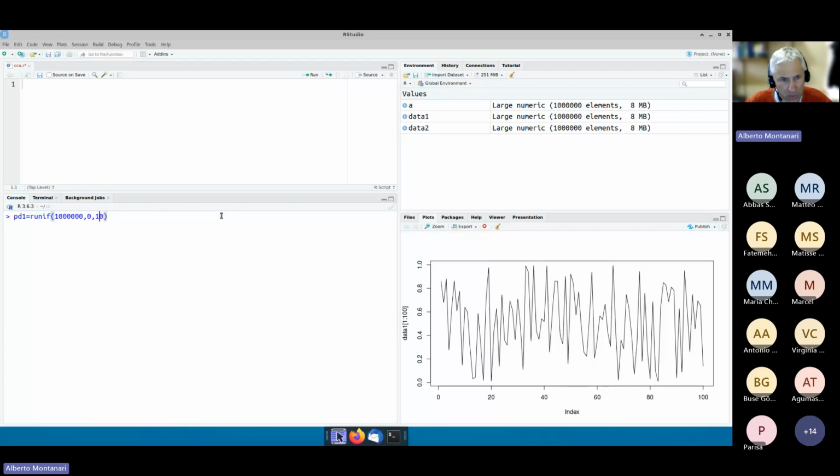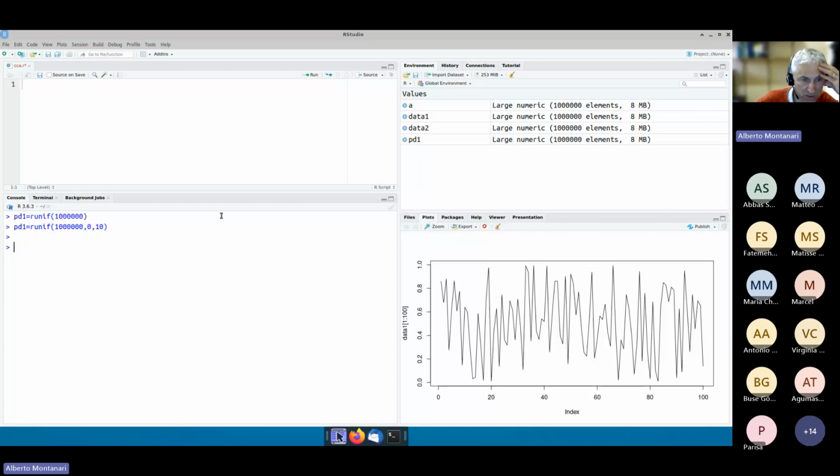Look at one thing. When I generated before, I used just runif 1 million. If I just use the function runif without any additional argument, the generation is in the range 0, 1. Let's make it in a different range. If you want to specify the range, you give it with additional arguments, as you see here: 0, 10.